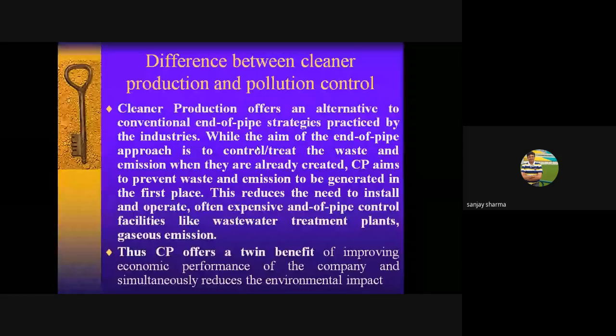The aim of the end-of-pipe approach is to control and treat the waste and emissions when they are already created, whereas CP aims to prevent waste and emissions from being generated in the first place. This reduces the need to install and operate often expensive end-of-pipe control facilities like wastewater treatment plants and gaseous emission controls.